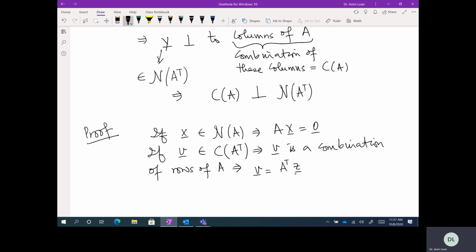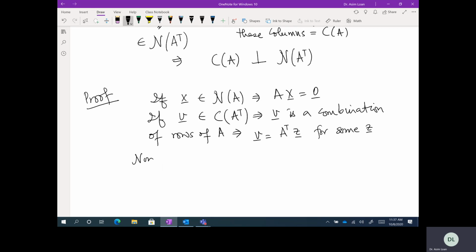So this is the columns. So this is actually the column space of A transpose, but the column space of A transpose is the same as the row space of A, for some Z.